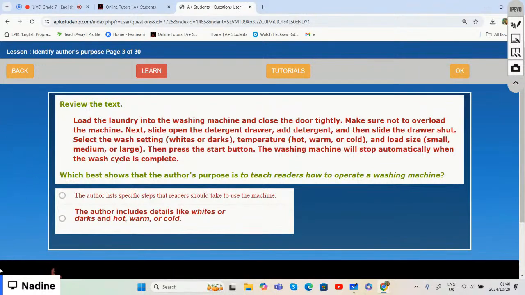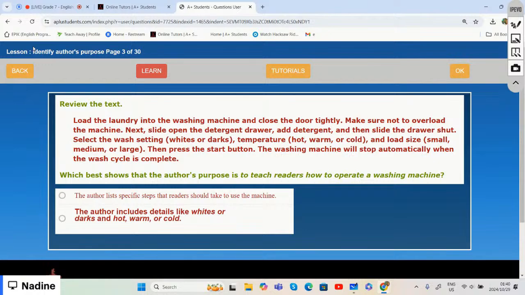It says, load the laundry into the washing machine and close the door tightly. Make sure not to overload the machine. Next, slide open the detergent drawer, add detergent, and then slide the drawer shut.